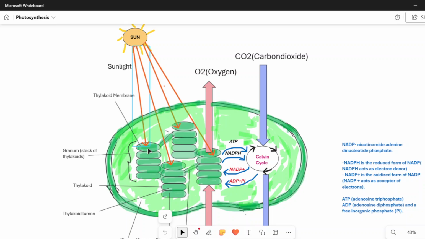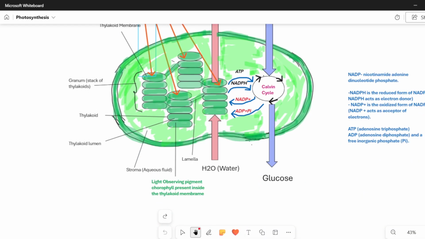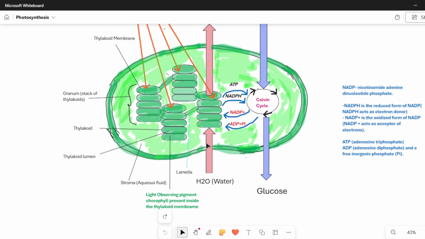So the electrons of the chlorophyll get excited, and it splits the water molecules. Water molecules also enter this thylakoid. Both are present in the thylakoid lumen. So the chlorophyll's electrons are excited, and it splits the water molecule H2O into hydrogen and carbon dioxide.